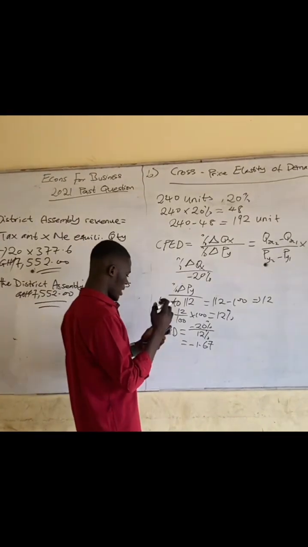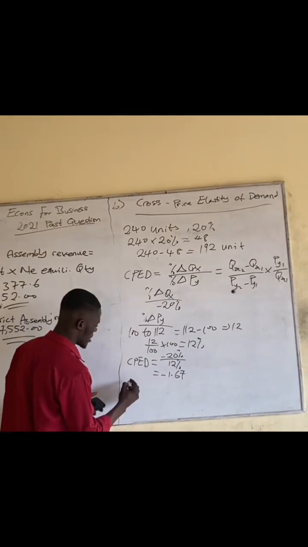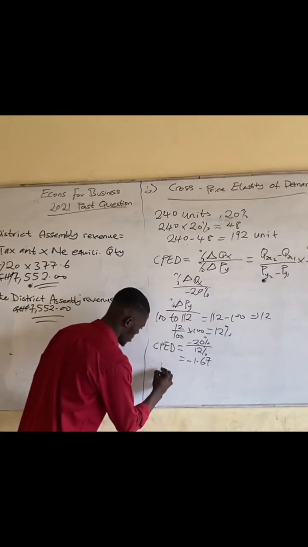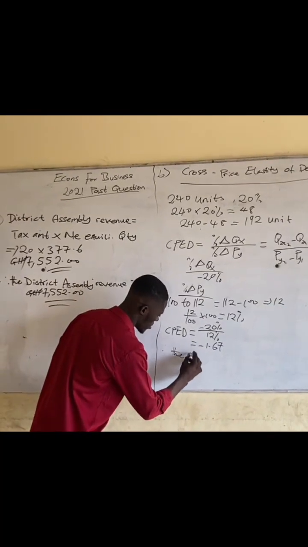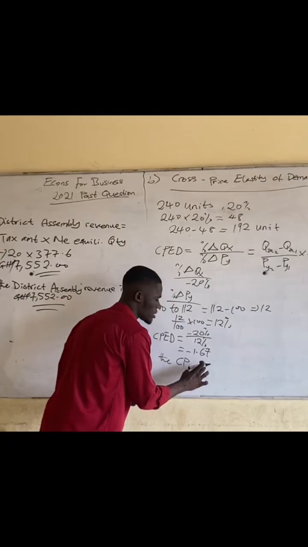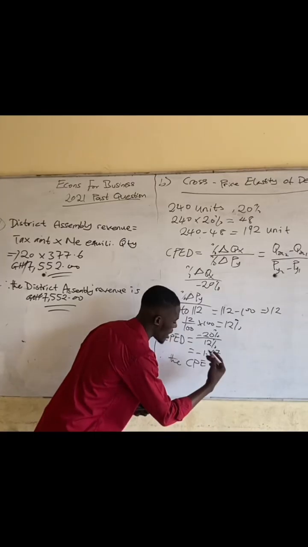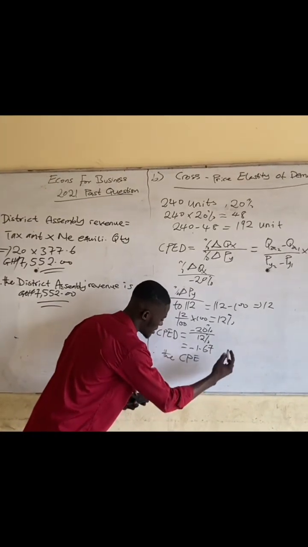So to interpret your result, you just state that therefore the cross price elasticity of demand. I'm just writing this because I want us to speed up. So when you are writing exams, make sure you write it in full.